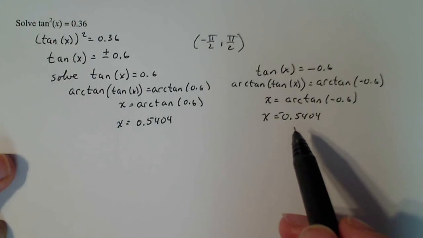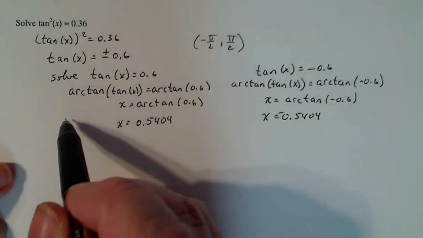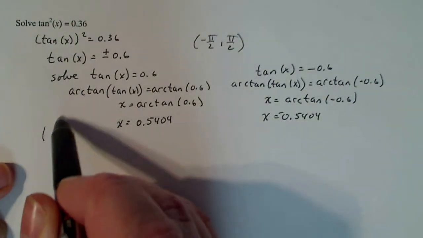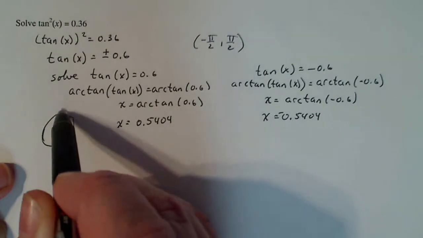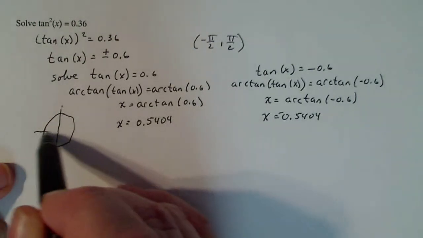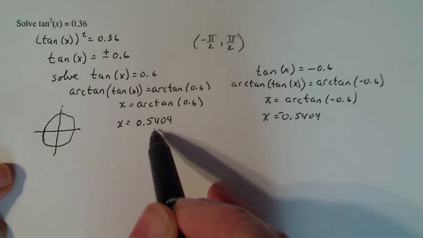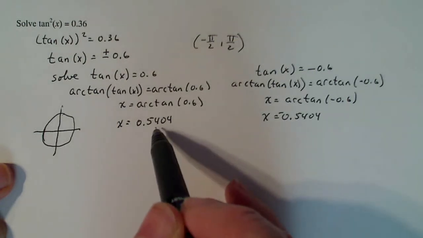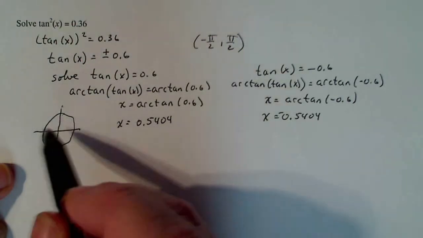Now, this is just one value that's going to show up within one rotation of the unit circle. Now, this number right here is a number that we know is going to show up in quadrant 1.